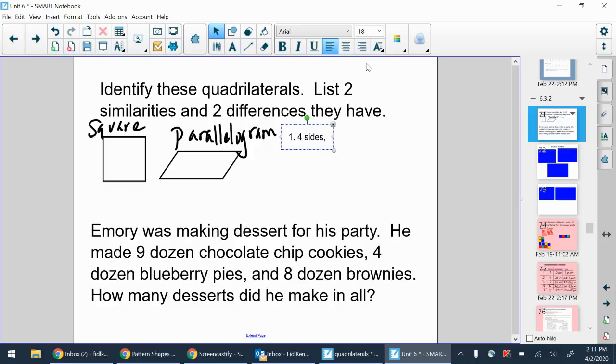They both have 2 pairs of parallel lines. They both have 4 vertices. And they're both closed figures. Meaning, remember, that there's not like an opening. If this were like a box, nothing would be able to get in.